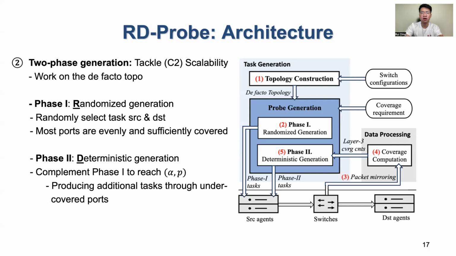Then, Phase 2, also known as deterministic generation, will complement Phase 1 to reach the prescribed coverage requirement. It will produce additional tasks through the yet undercovered ports. To summarize, by combining randomized and deterministic methods, we can realize better planning time and probe volume simultaneously.